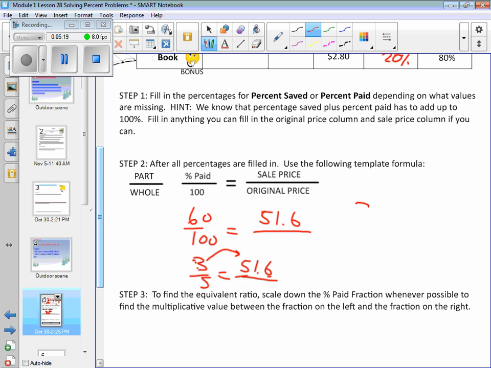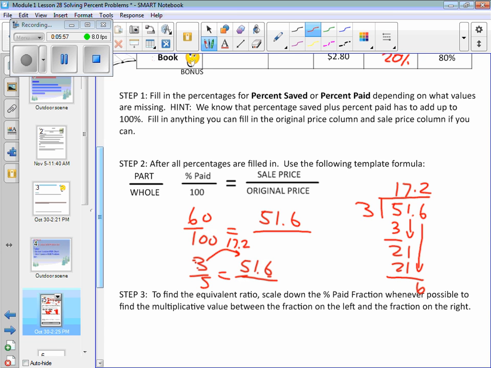So off to the side where I have room, I'm going to do 3 into 51.6. 3 into 5, everybody. 3 into 21, everybody. 3 into 21, everybody. And 3 into 6. My multiplicative value is 17.2.